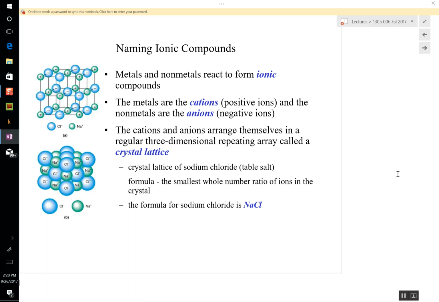We'll get to it with molecular compounds, but that's not what we're doing when we write this formula, H2O. We are actually saying we've got a molecular substance here, and it has 2 hydrogens attached to 1 oxygen. It's not in a big crystal like this, unless it's an ice cube.